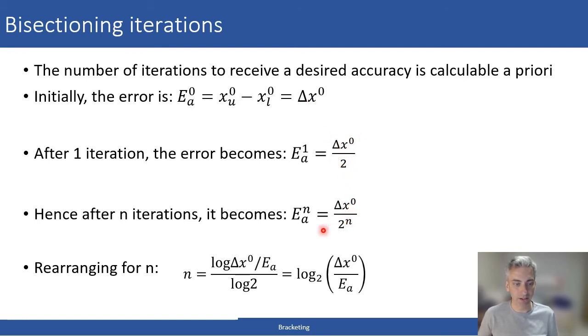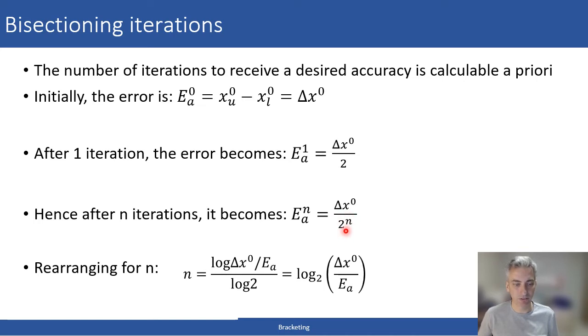So you can see that the accuracy scales inversely proportional to 2 to the power of n, where n is the number of iterations. So if we have one iteration, we will have halved the tolerance and doubled the accuracy. If we have 2 iterations, we will have quartered the tolerance and quadrupled the accuracy.